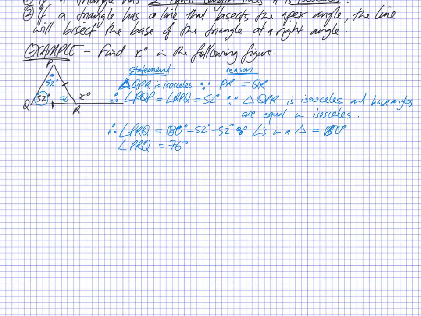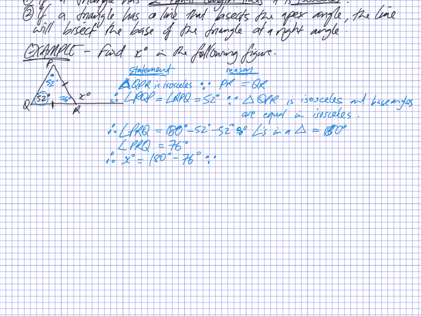So I know that PRQ is 76 degrees. And that will give me the answer to X. Therefore, X degrees is going to be 180 degrees minus 76 degrees. Why?